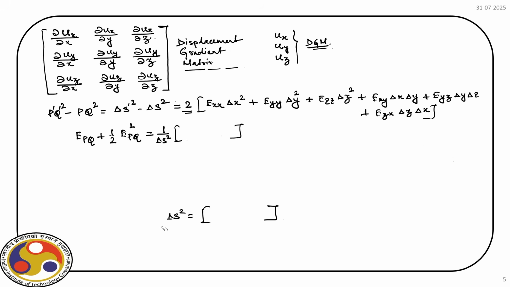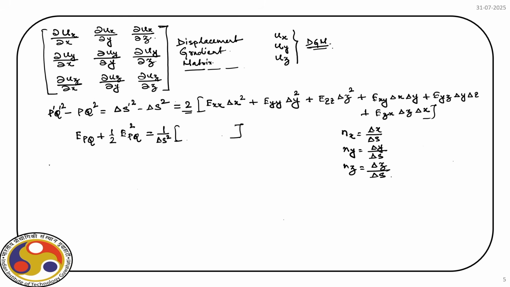So, what are they? Delta x by delta S is nothing but the direction cosine. So, n x is nothing but delta x divided by delta S. Similarly, n y is delta y by delta S, and n z is nothing but delta z divided by delta S. We are almost there.